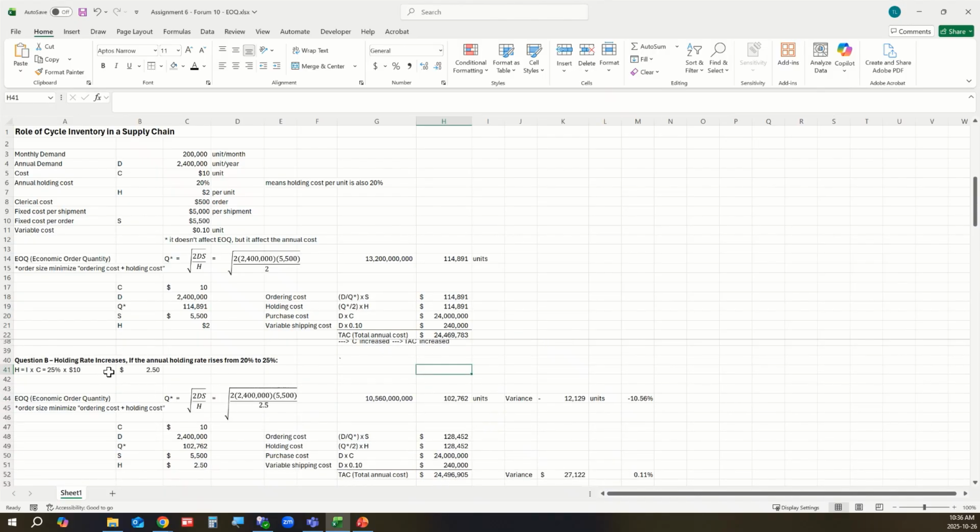Holding rate increase. If the annual holding rate rises from 20% to 25%, what will happen? When the annual holding rate rises from 20% to 25%, it will again affect the holding cost. The holding cost now, instead of $2, will be $2.50.